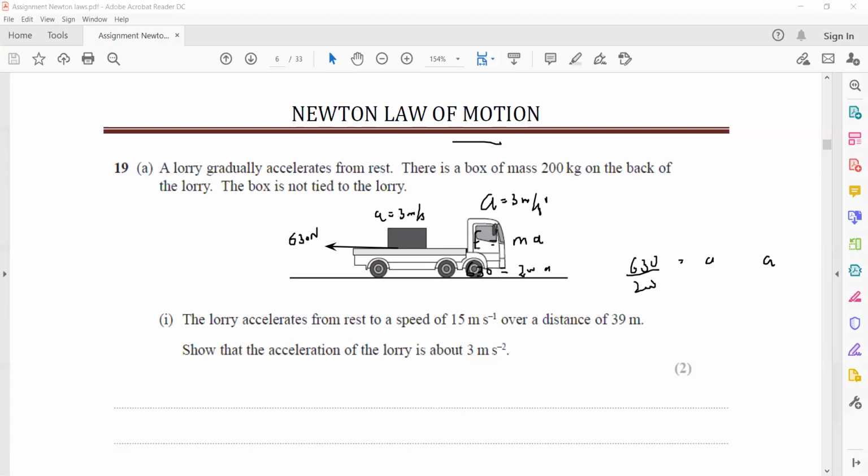When we calculate, it comes out to 3.15. So this is the maximum acceleration which the lorry can have. It cannot have acceleration more than that, because if friction force cannot exceed 630, then by F equals ma the acceleration of the lorry cannot exceed 3.15.